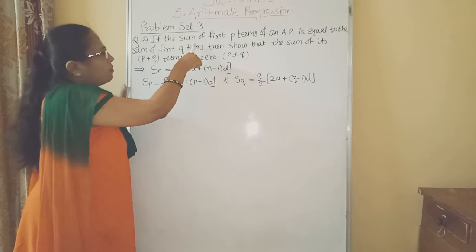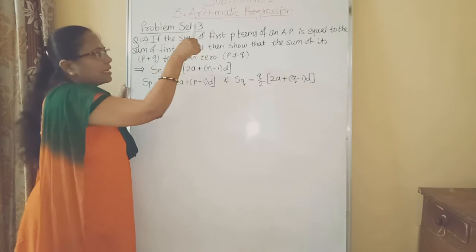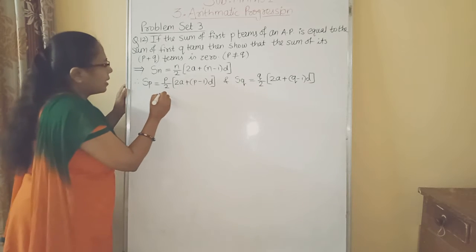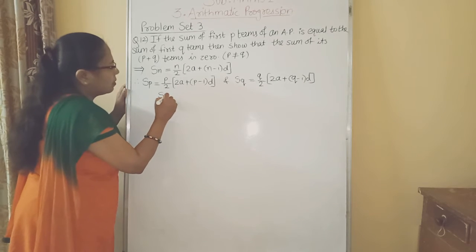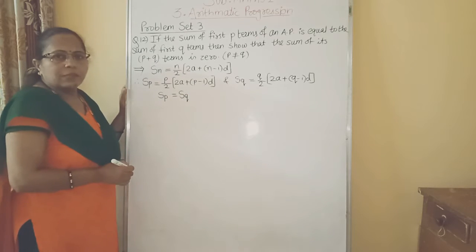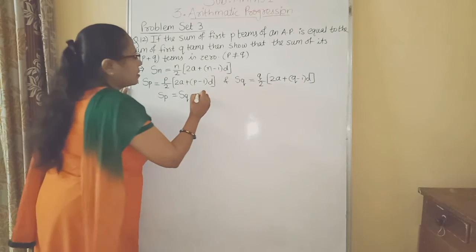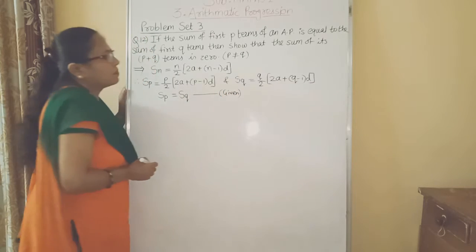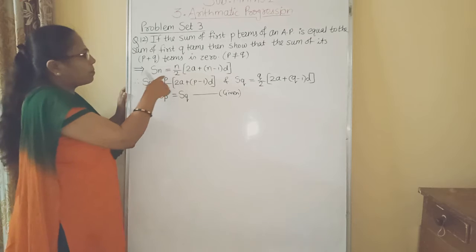Now here they gave sum of p terms is equal to sum of q terms, means SP is equal to SQ, and the reason we will write is given. Now we will put the formula.